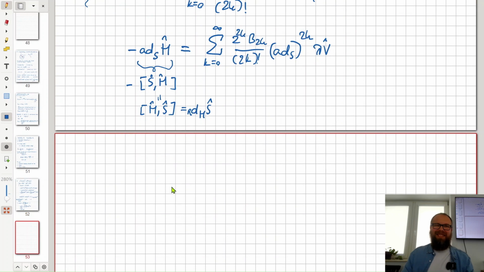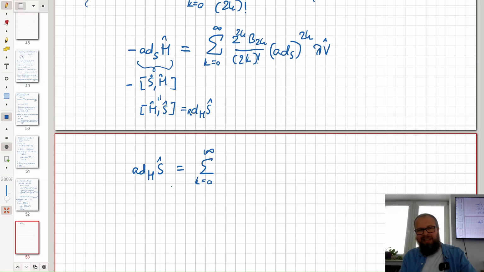So we can rewrite it even more. Adjoint H on S, and this whole series here, which I don't want to write down, but I already started, so I cannot stop now. ADS to power 2k lambda V.